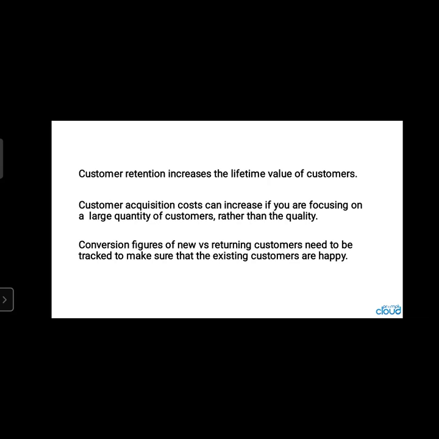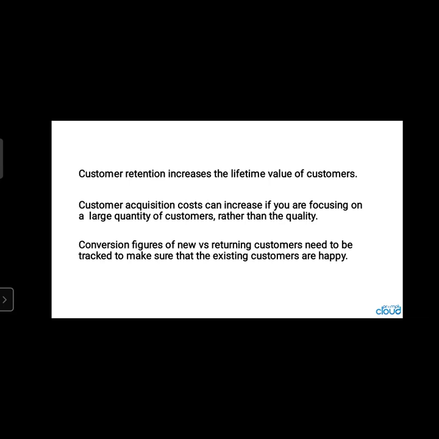Customer retention increases the lifetime value of customers. When a customer, once in a year, gives a benefit of 7,500 rupees after deducting all costs spent on that customer, if he comes another 10 times, his total customer value goes to 75,000 rupees.